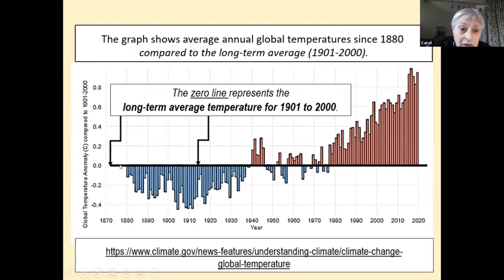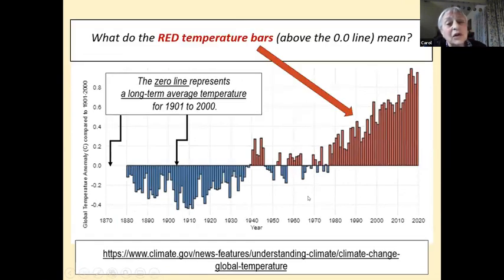There's a zero line, and that zero line represents the long-term average temperature for about 100 years. And I don't know if this is too complicated. You sure can tell me and we can take this out.